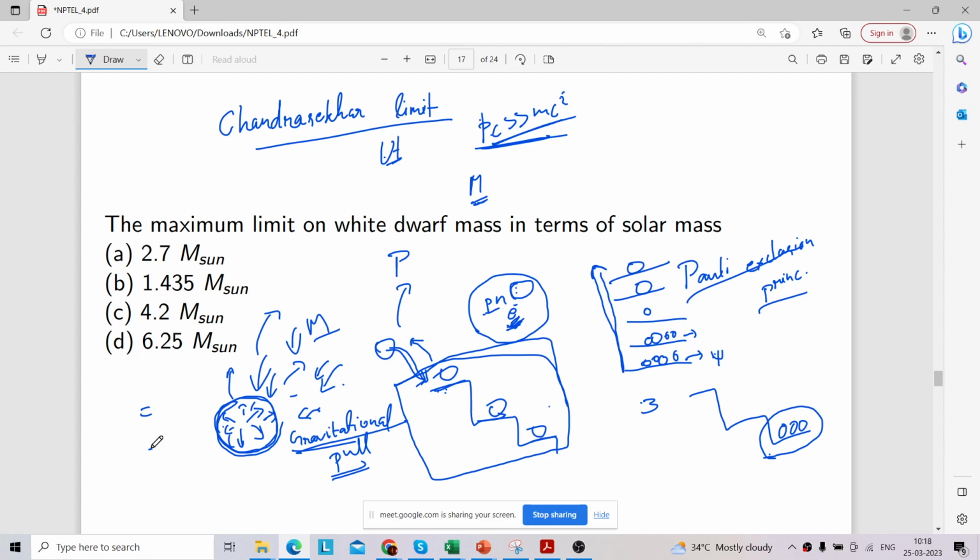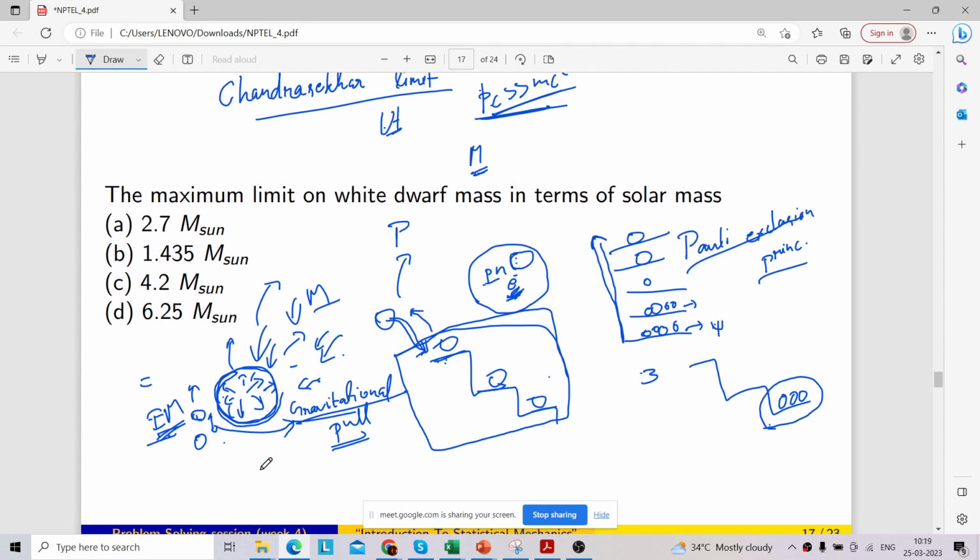But in that case, you are fighting electromagnetic force. This outward pressure is due to electromagnetism: one electron is repelling another electron, and that electron is going out of the star. This force is electromagnetic force, and the gravitational pull between these two particles is gravitational force.